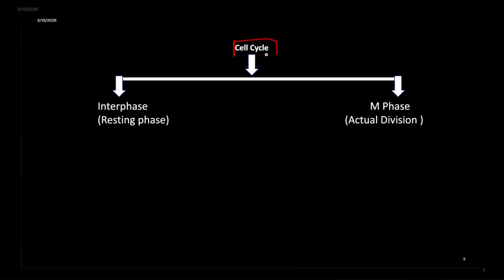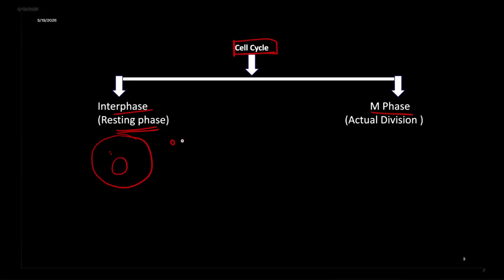The cell cycle, which is an event, is divided into two phases. First is interphase and second is M phase. Interphase is the resting phase. Resting phase doesn't mean that the cell is not doing anything. The cell will prepare itself to divide.